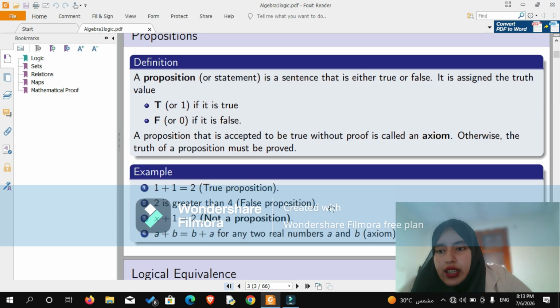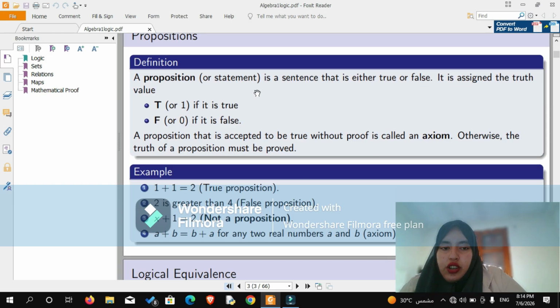It is assigned the value T or 1 if it's true, and F or 0 if it's false. A proposition that is accepted to be true without a proof is called an axiom. Otherwise, the truth of a proposition must be proved.